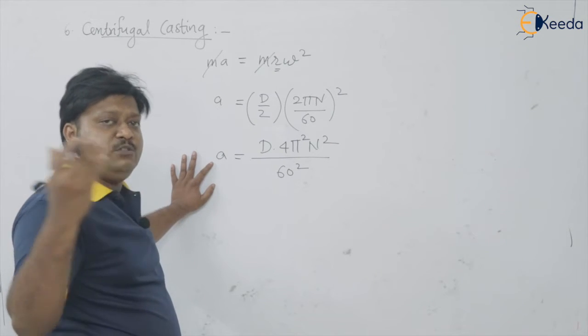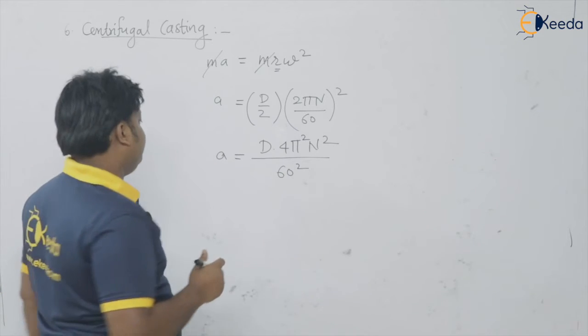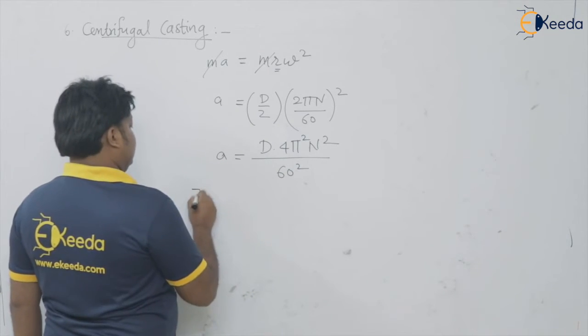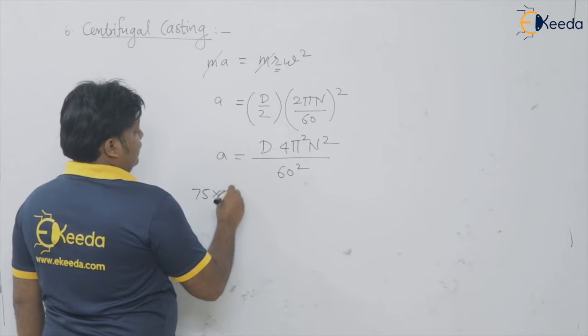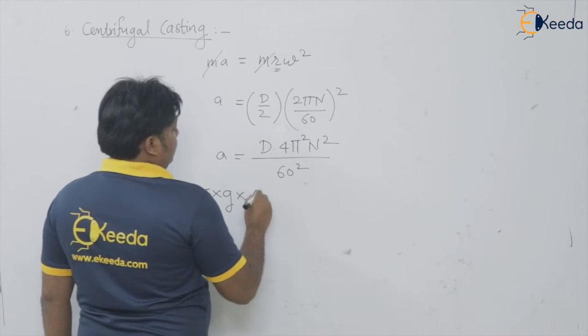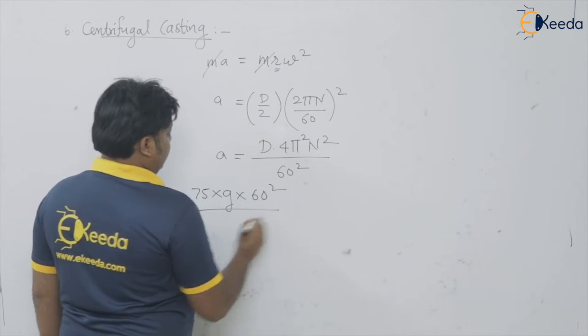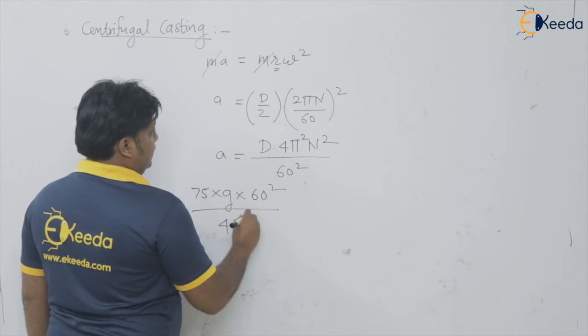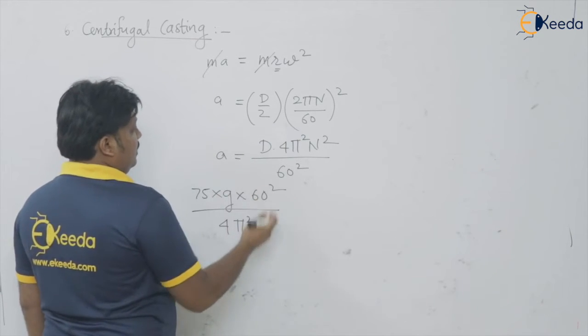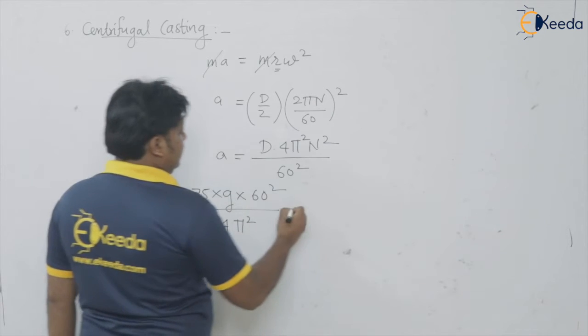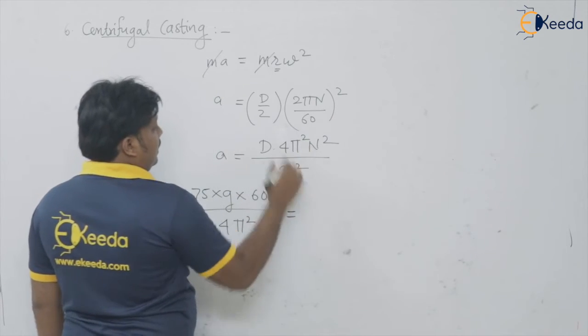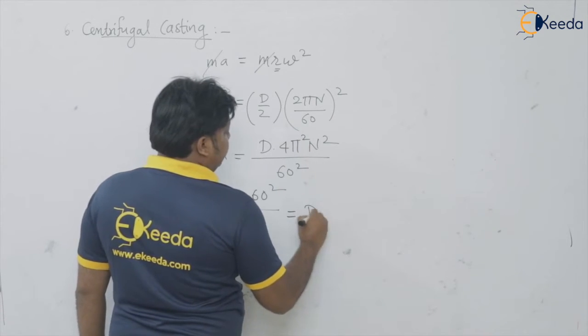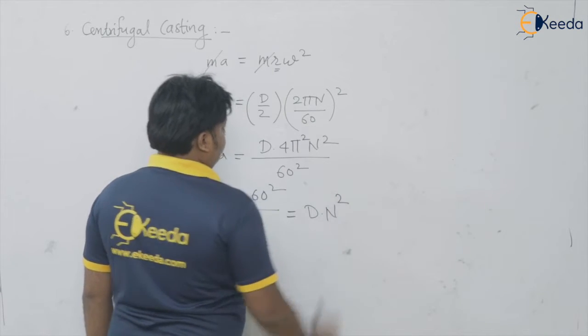Around 60 to 75 times g. So if I put the value here, 75 times g into 60 square divided by 4 pi square, the constant we get is equal to D into n square.